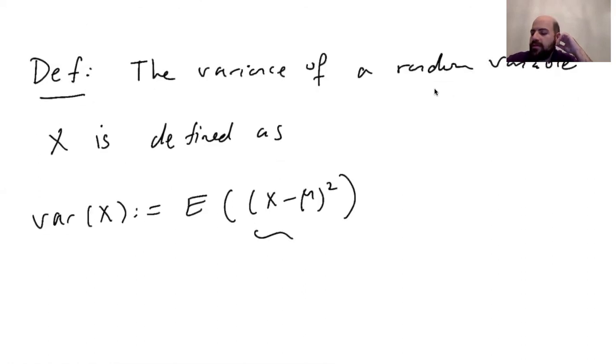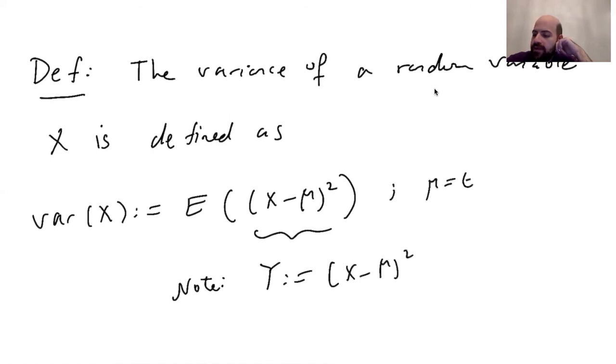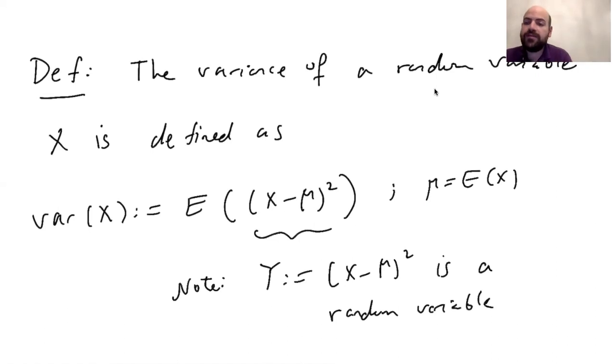Now, this is your capital Y: capital Y equals capital X minus mu, the whole squared, and here mu, by the way, is E of X, the expected value.